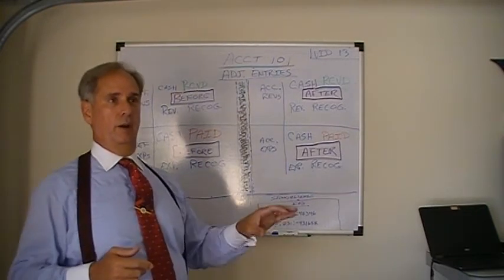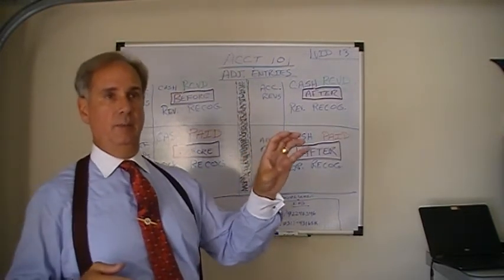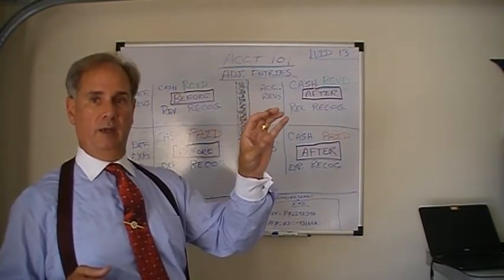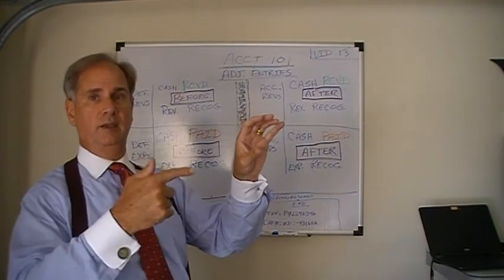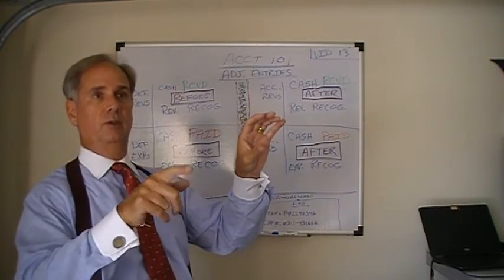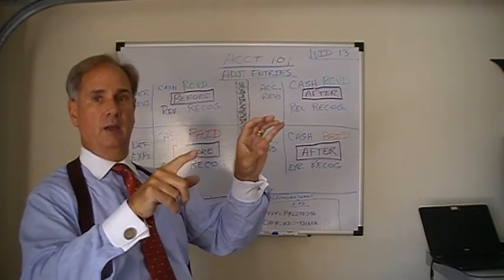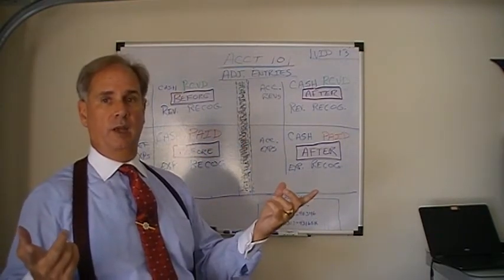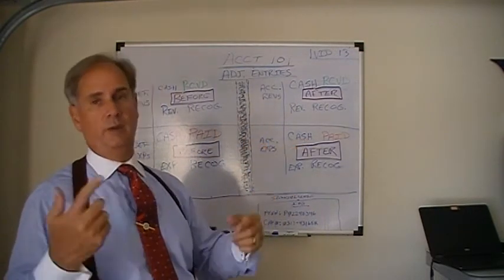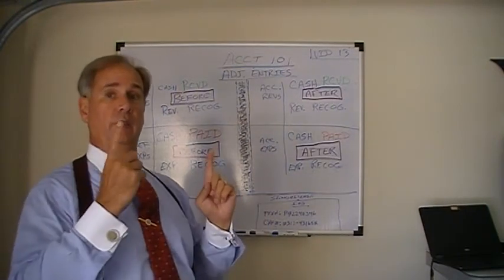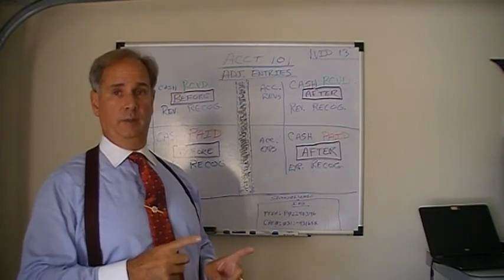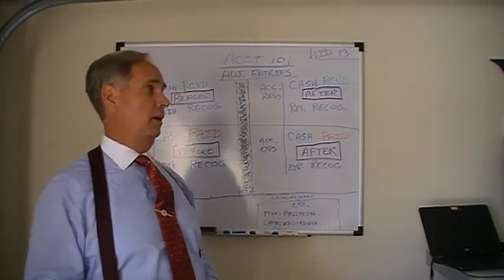So by debiting salaries expense, I'm recognizing the expense. By crediting salaries payable, I'm bringing to its correct balance a liability. Neither account involves cash. One is an income statement account, the other is a balance sheet account. That first entry is my adjusting entry. I know it's counterintuitive.